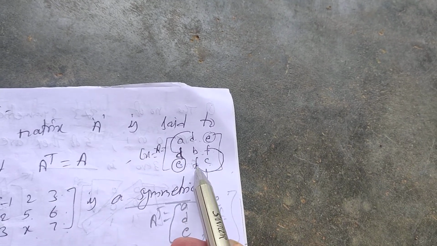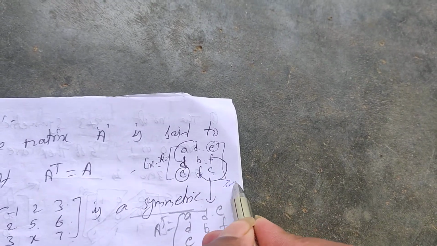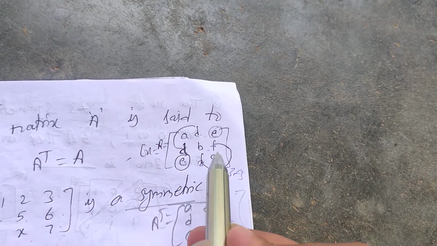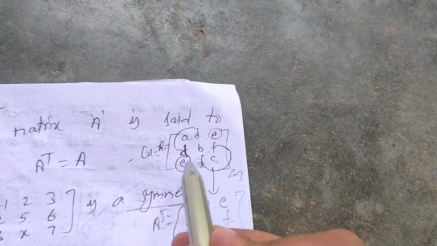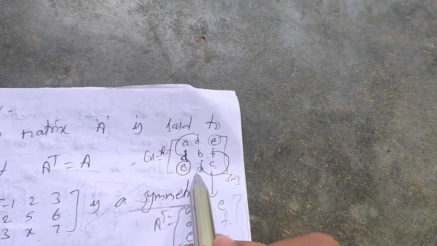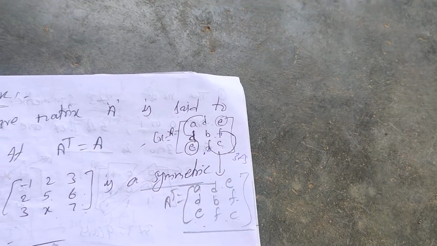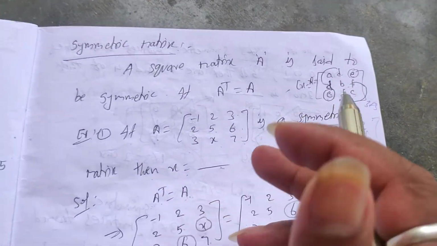So in a 3 by 3 matrix, the principal diagonal entries may be different, but if these pairs are equal, then that matrix is always a symmetric matrix. This is the best example.